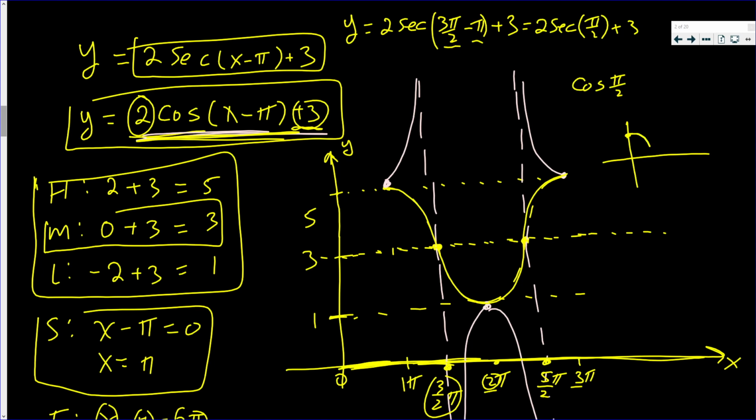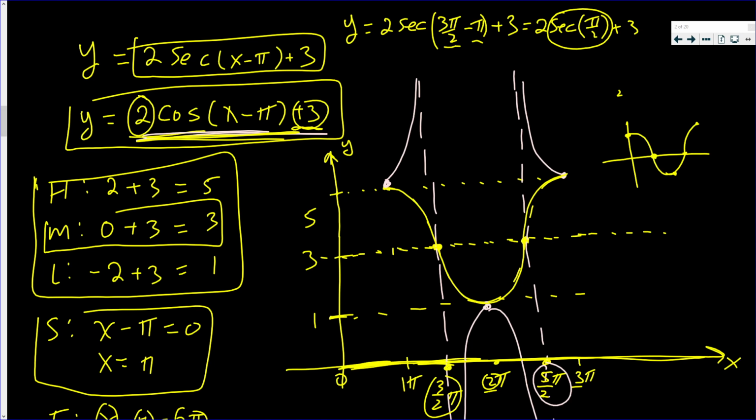Well, 0 degrees, 90, 180, 270, 360. It's 0. Oh, so this is the reciprocal. Oh my, you can't take the reciprocal of 0. That's where the vertical asymptote occurs. Same thing for the other value. Looks to me like 5 pi over 2. Most importantly, there is the graph.